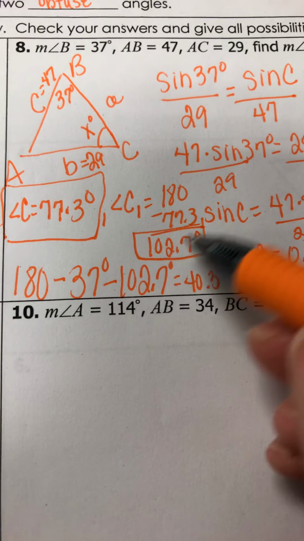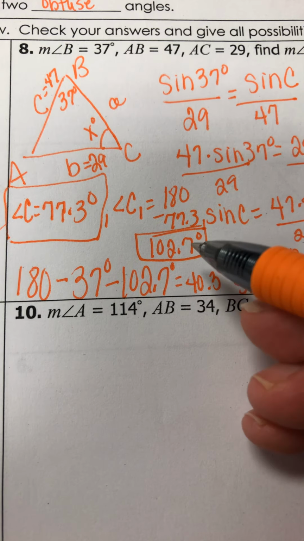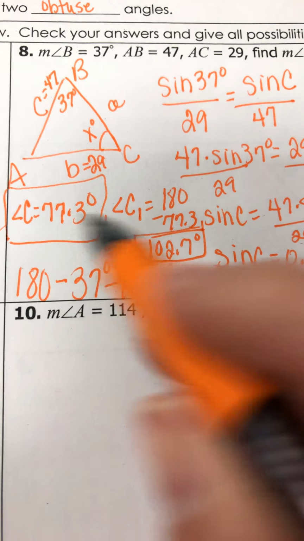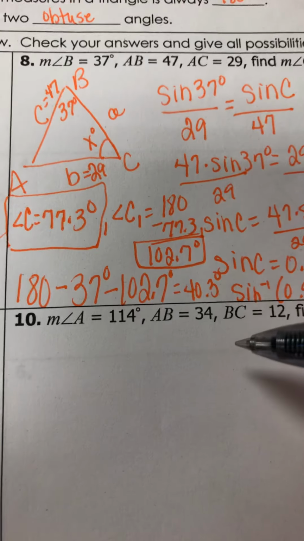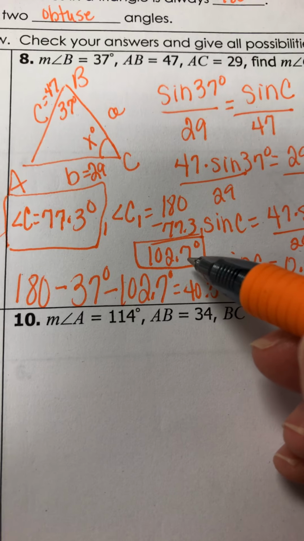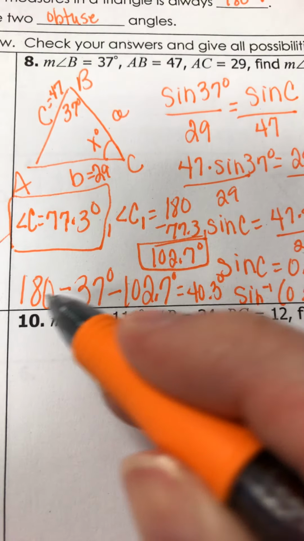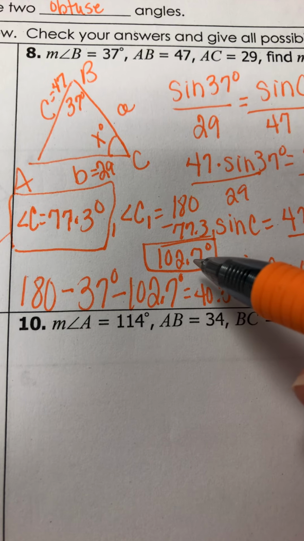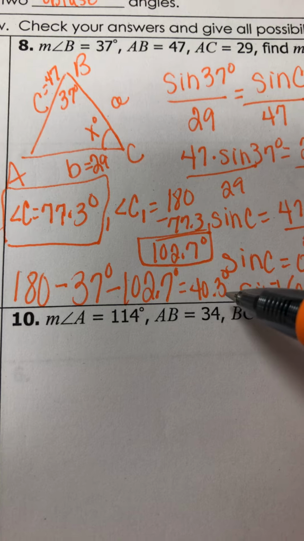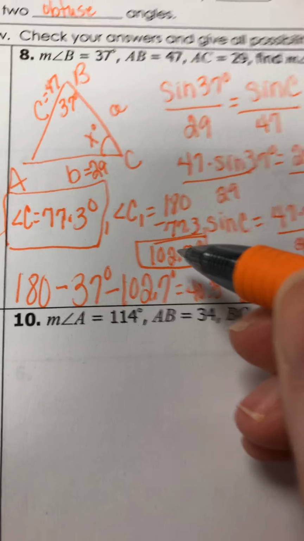In order to figure out if your second triangle is in existence, do 180 minus the angle you found. This is your proposed second angle. And then make sure it works. Make sure it makes a triangle. 180 minus what you started with, minus the angle you found, and if it's positive, it will make a second triangle.